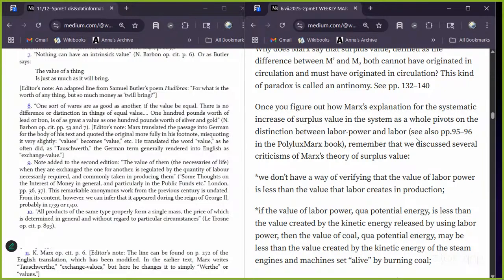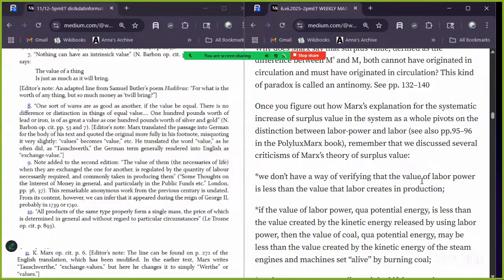If the value of labor power qua potential energy, this idea of a certain expectation that labor power provides when labor power is a commodity itself, that is, you see a job on offer, et cetera, is less than the value created by the kinetic energy released by using labor power, then the value of coal qua potential energy may be less than the value created by the kinetic energy of the steam engines and machines set alive by burning coal. So there's a kind of interesting comparison.